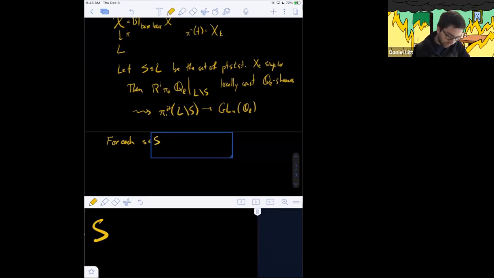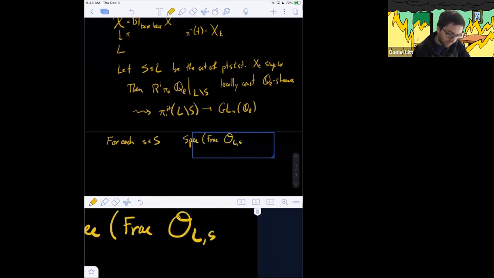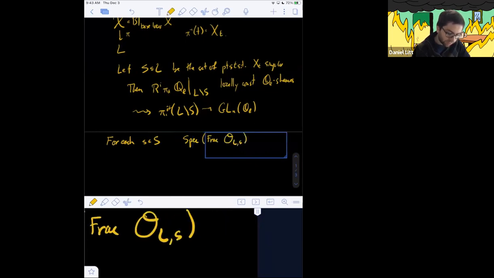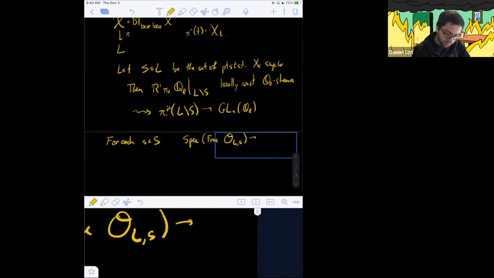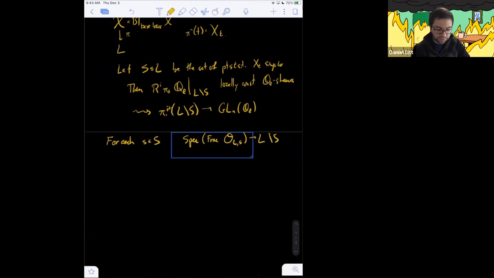So you can take the inclusion of spec of the fraction field of O_{L,s} into L minus S. Over an algebraically closed field, pi1 of this fraction field is just the inertia group.